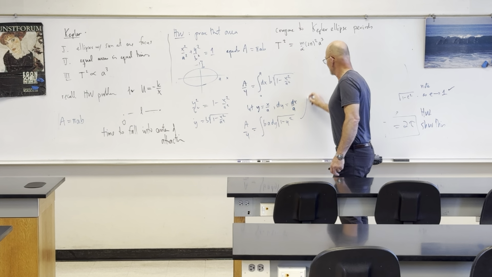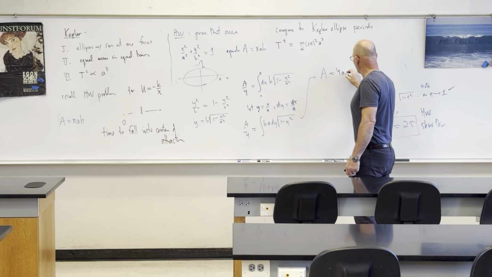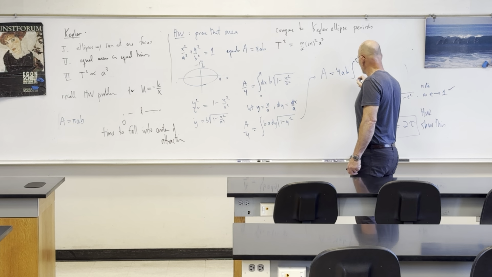Okay, so here we go. The area bounded by the ellipse is 4ab integral 0 to 1 root 1 minus y squared.